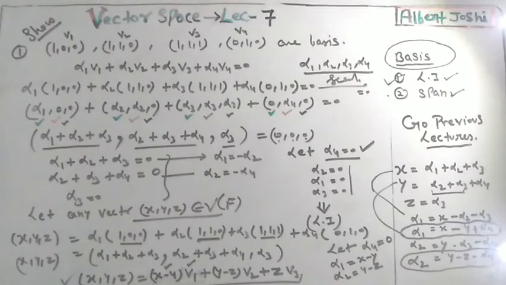It means that any vector in V_F can be generated by a linear combination of scalars alpha 1, alpha 2, alpha 3 and the vectors. That is the linear combination. If you get this, you can generate.